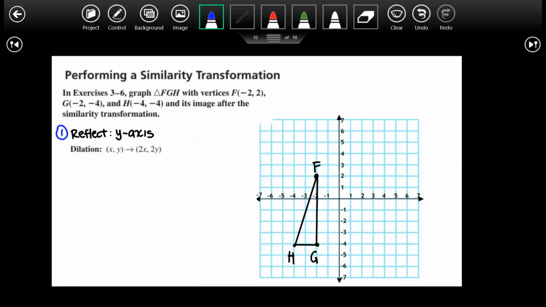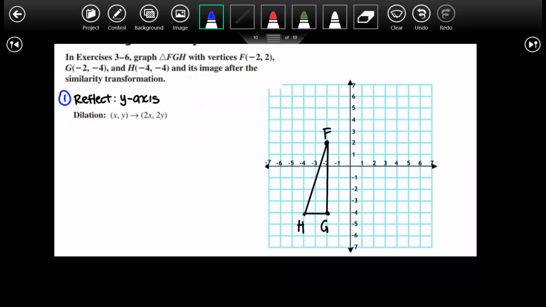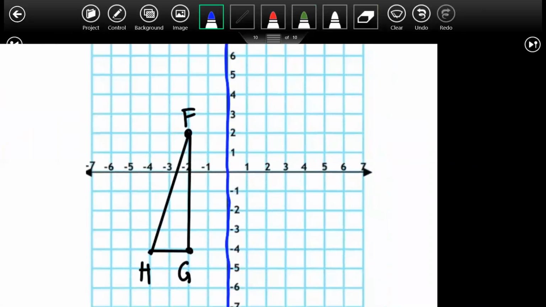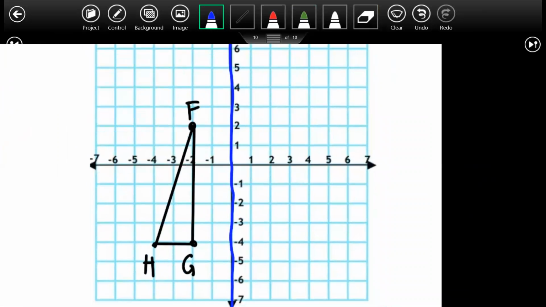Reflect across the y-axis. So we're going to look at our y-axis line here. The line of reflection happens to be our y line. And we got to be able to reflect it. So it should be its mirror self over. And the way that we did this before is we just counted how far it was away from the line. So 1, 2 would give me F prime. 1, 2 would give me G prime.